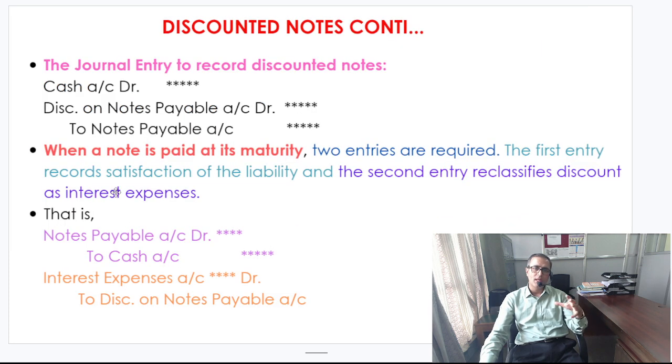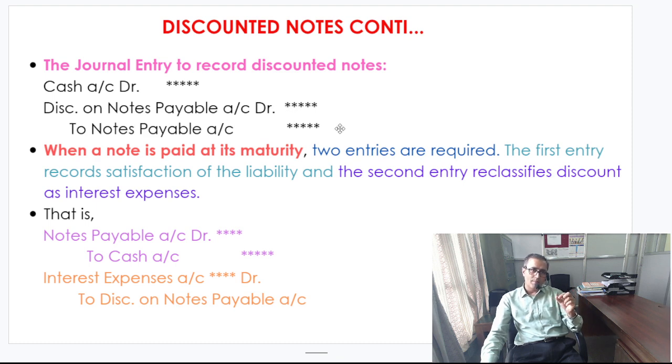Now, what about the discounted note accounting treatment? Remember, if I borrow money through this arrangement, let's say I borrow 1 lakh with 10% interest. That means the cash I would realize is 90,000, 10,000 would be the interest, and the notes payable amount would be 1 lakh.